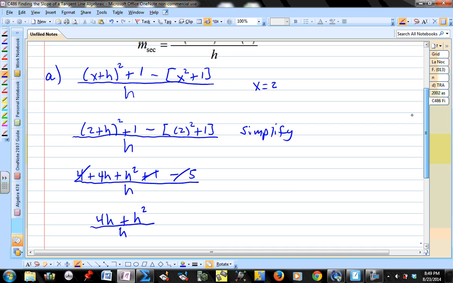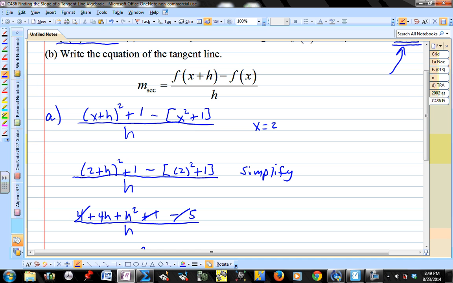In part B, we were asked to find the equation of a tangent line at this given point. Okay, so x equals 2. F of 2 is 5, and the slope of the tangent line we found to be 4.